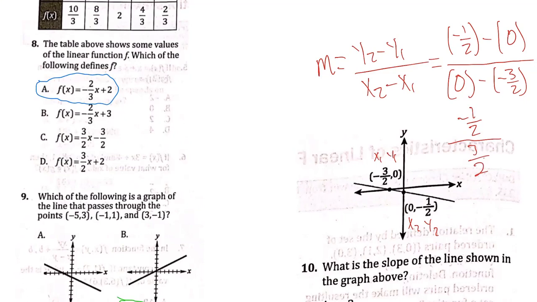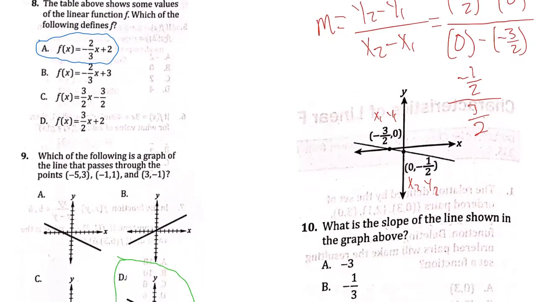So now we just have to flip it. Let me get some more workspace. So -1 over 2 divided by 3 over 2.